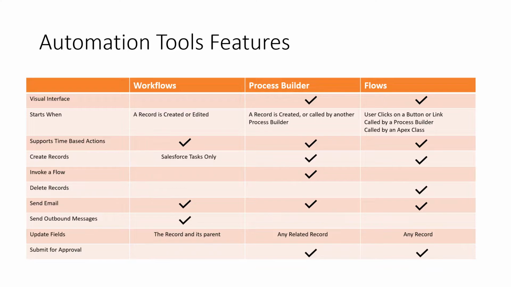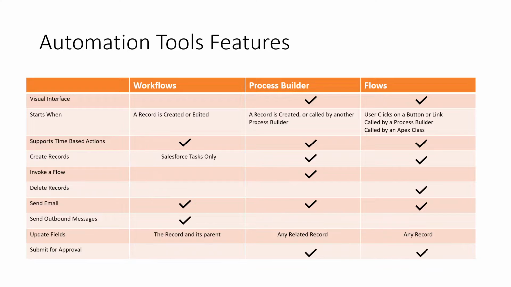The next one is probably the main purpose of the automation tools: update fields. The capability of updating fields is different across all of the automation tools. For example, workflows are only capable of updating the record that triggered the workflow, and also its parent.